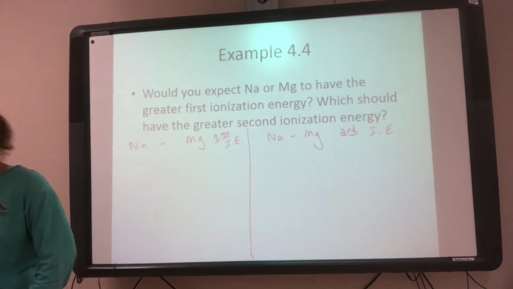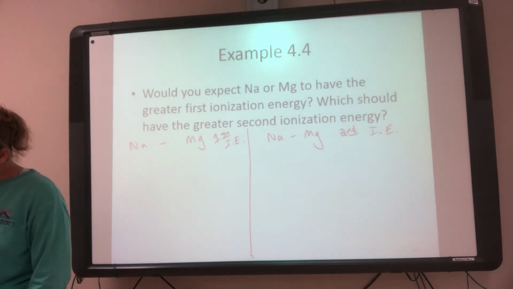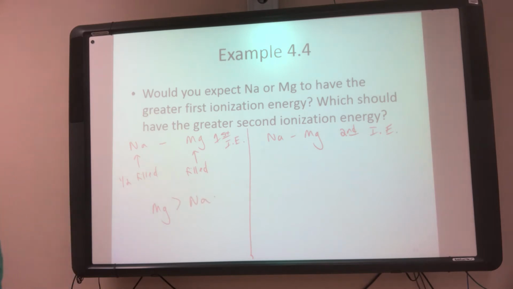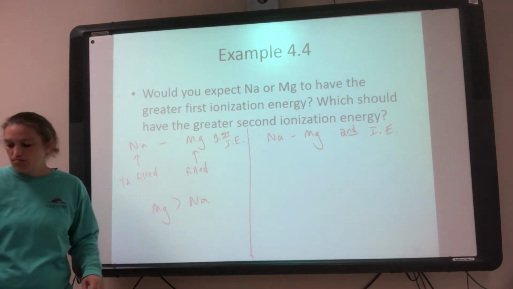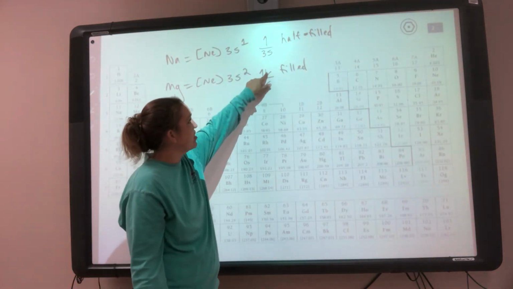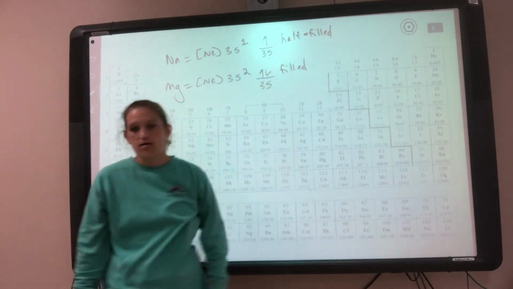So since sodium is half-filled and magnesium is filled, the electron is going to be harder to remove from magnesium than from sodium, because it's a filled orbital.